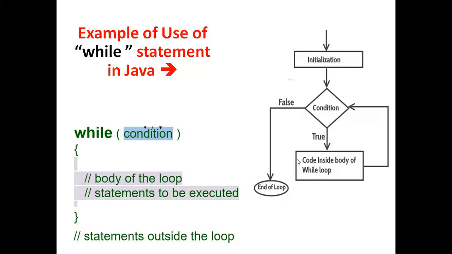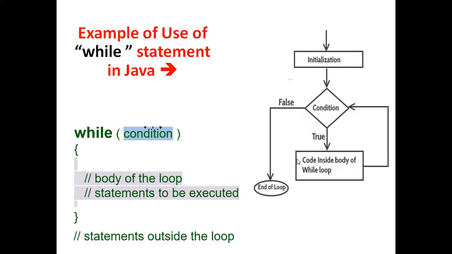Here is an example of how to use the while statement in Java. The while statement is similar to the if condition, only instead of if we are using the keyword while, and we have to check the condition.